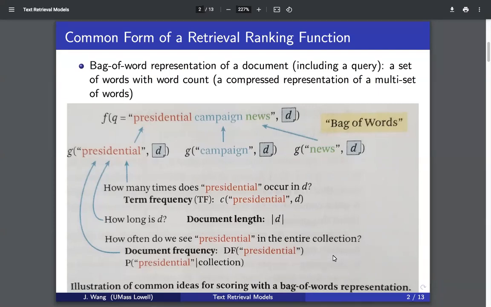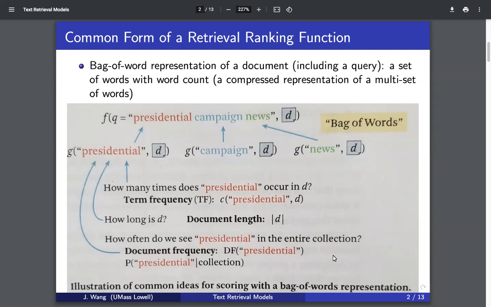But for the computer, when we talk about retrieval ranking, the representation is straightforward. It's just a set. So you have all these words. We separate these words. Last time we talked about segmentation, right? For English, it's easy because these words are separated by space and punctuation. So we collect them, and we don't care about the order. So there is no order, it's just a bunch of words.